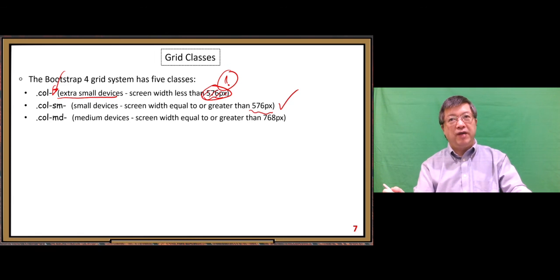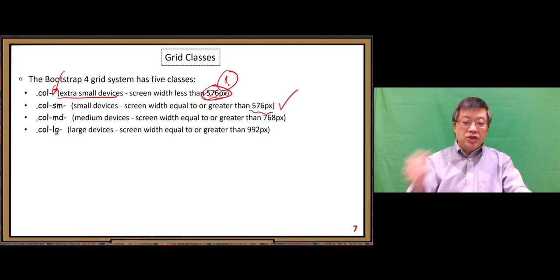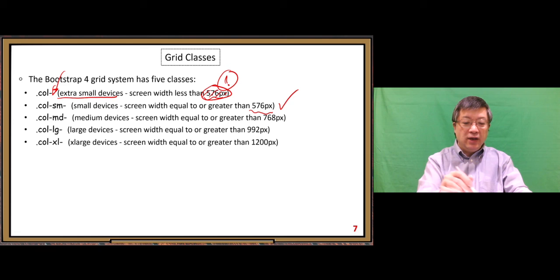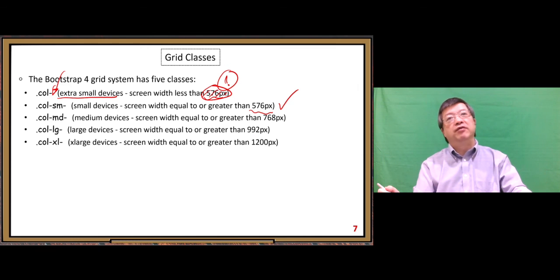We can fix that. So the medium level, large device, and extra large, 5 levels.